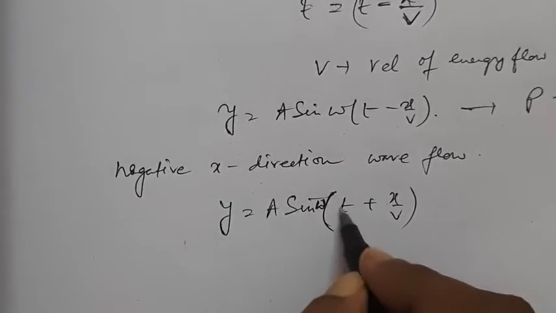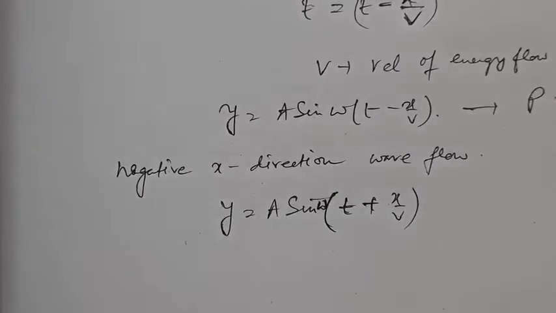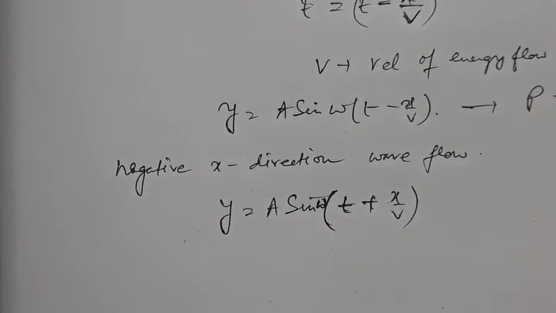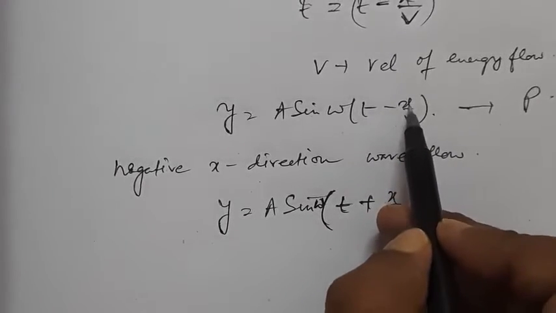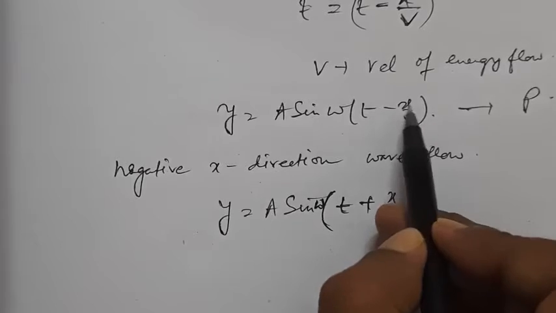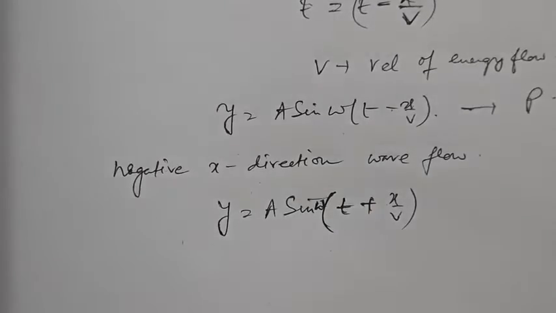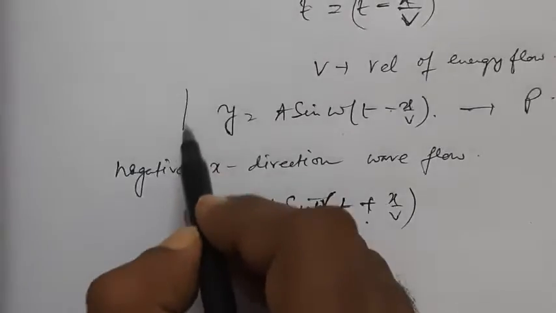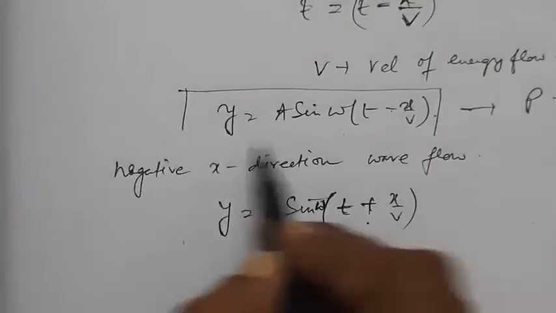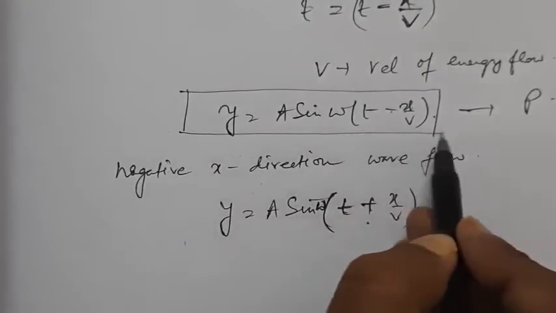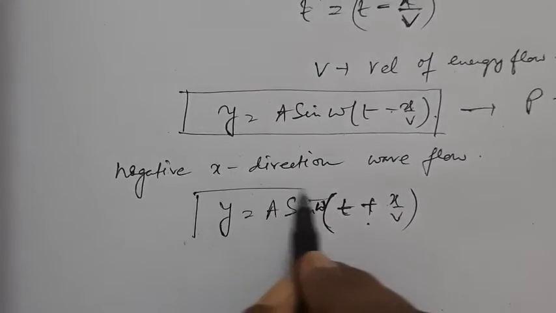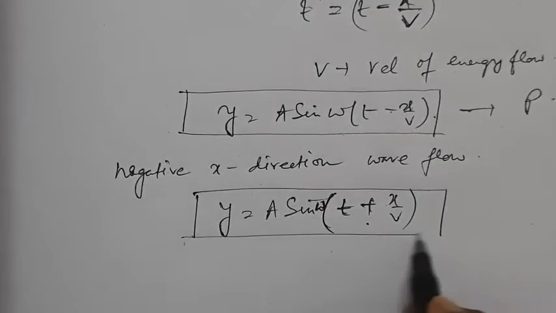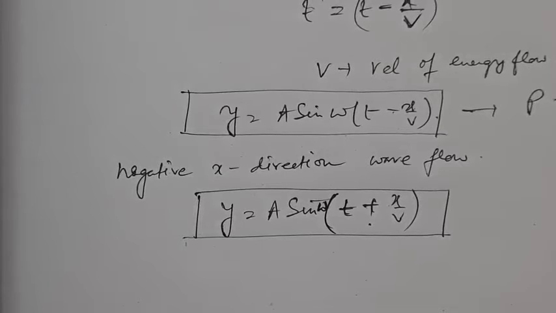Omega t plus x by v. That means the sign before this variable x, which was minus, now becomes minus minus, which becomes plus. So this is the equation we will be studying in detail.